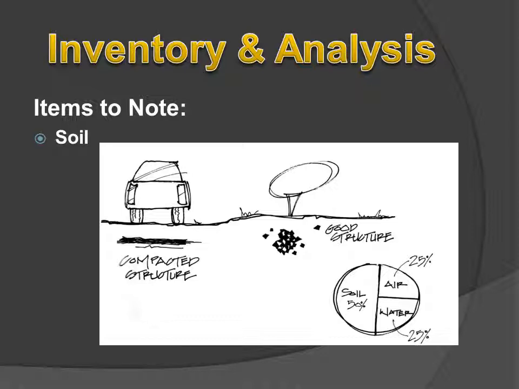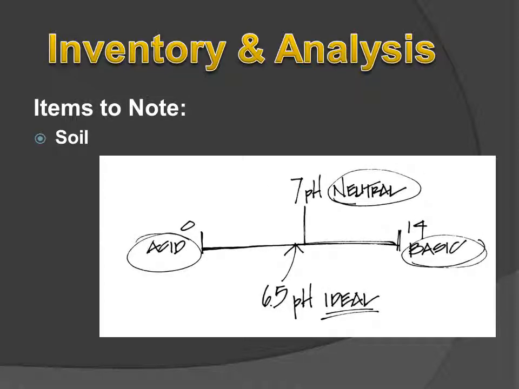And we're not going to want to put a driveway on a mushy soil where you have wet spots and stuff. 6.5 is a good ideal pH.